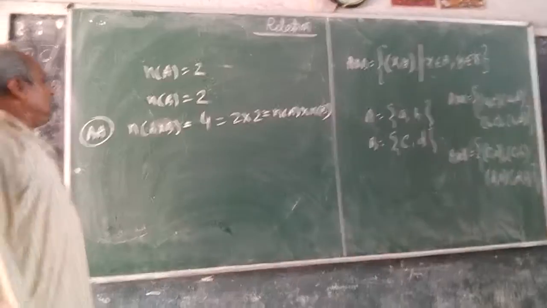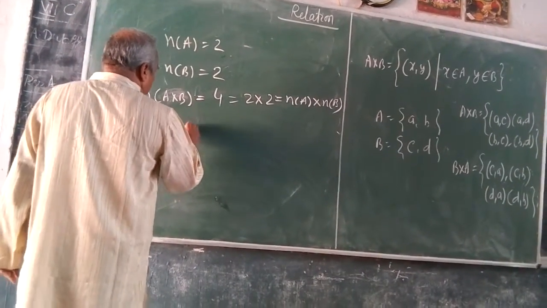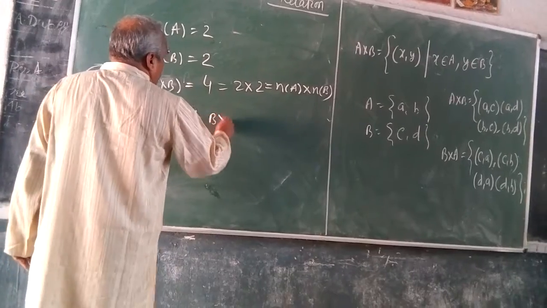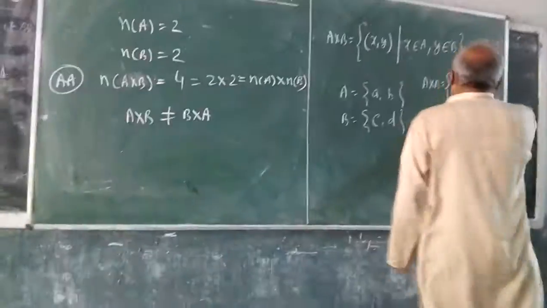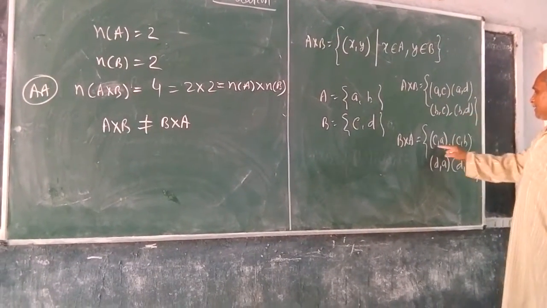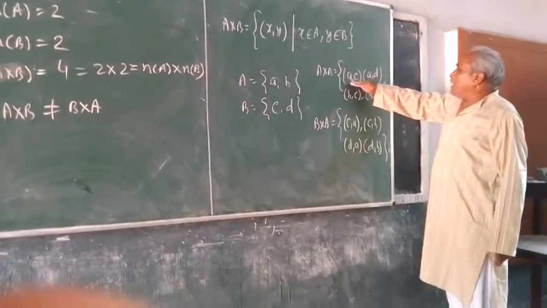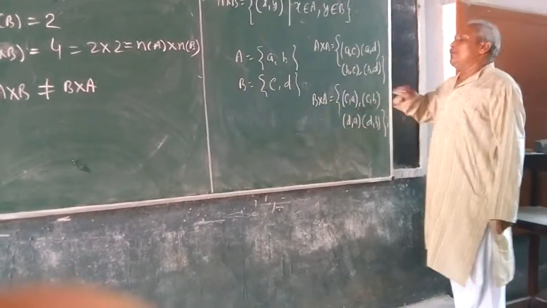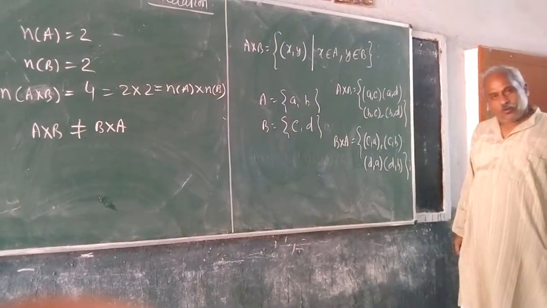The second thing you can see here is that A cross B is not equal to B cross A. The ordered pairs of A cross B are AC, AD, BC, BD, and of B cross A are CA, CB, DA, DB. All the elements of A cross B are different from B cross A, therefore these two sets are not equal.